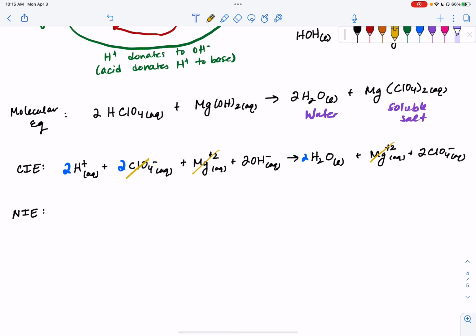Same deal with my two perchlorates. So then now my net ionic equation is 2 H pluses reacting with 2 OH minuses. So 2 acidic protons reacting with 2 hydroxide anions to create 2 units of liquid water.